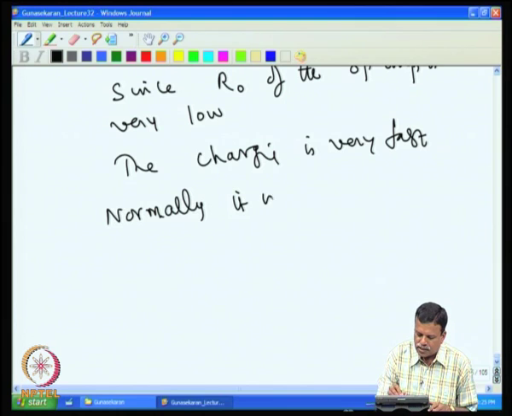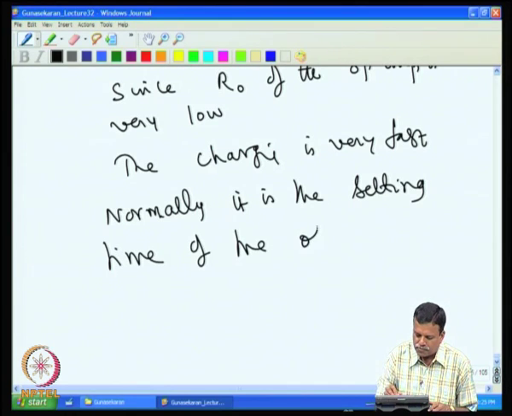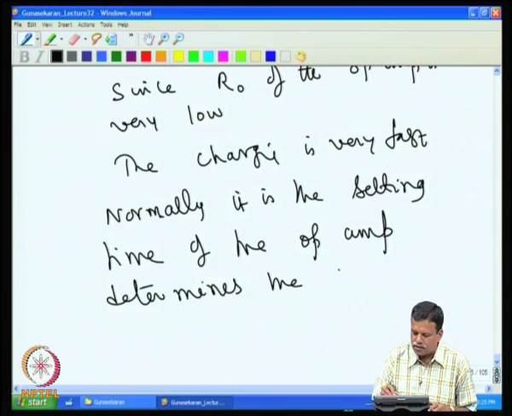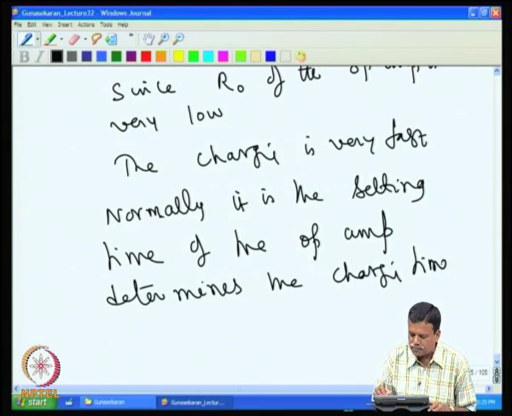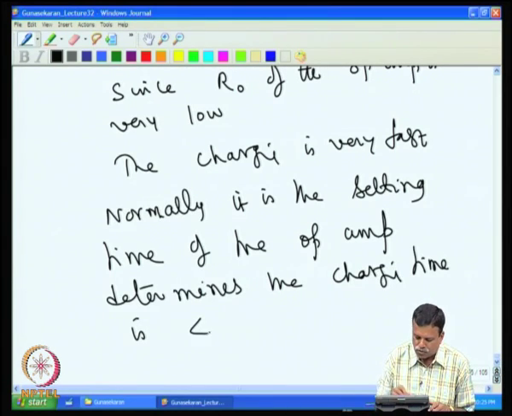Normally it is the settling time of the op amp that determines the charging time, and normally it is less than 1 microsecond.